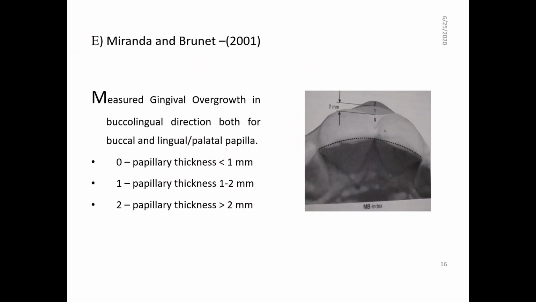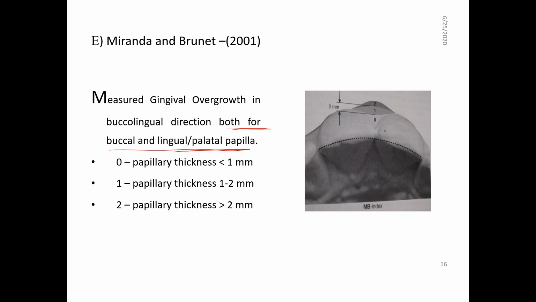Next is given by Miranda and Brunet in 2001. They have just given on the basis of the gingival thickness or overgrowth in the buccolingual direction, both for buccal and lingual papillae. So when we visualize the tooth from the incisal edge, then the thickness of the gingiva can be measured.